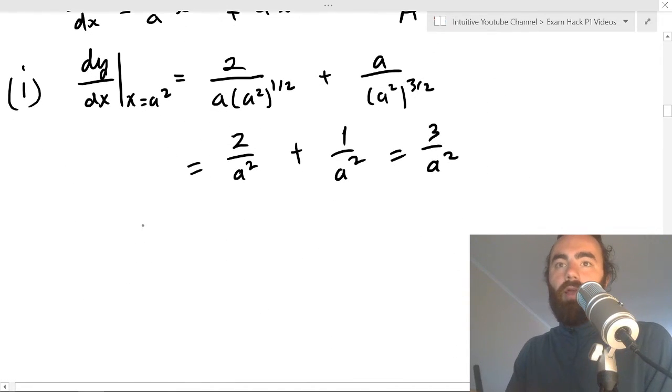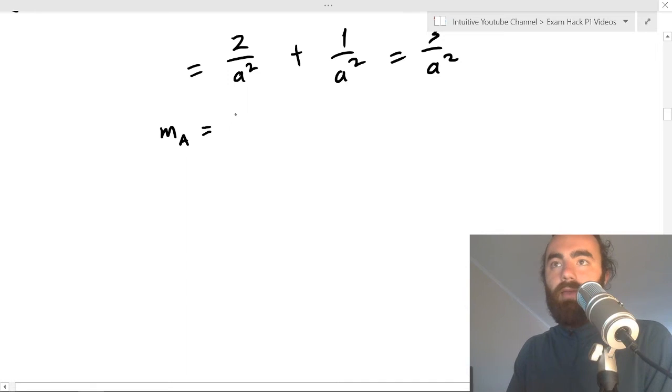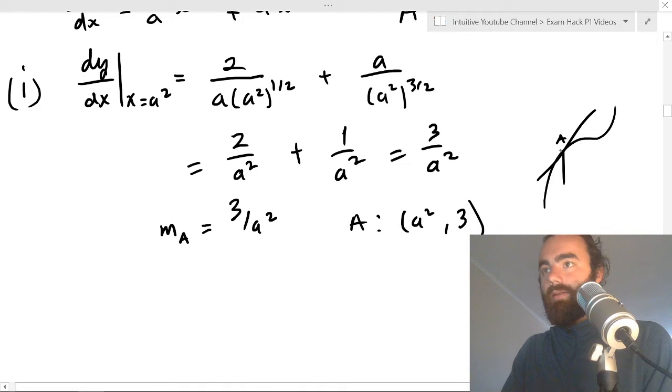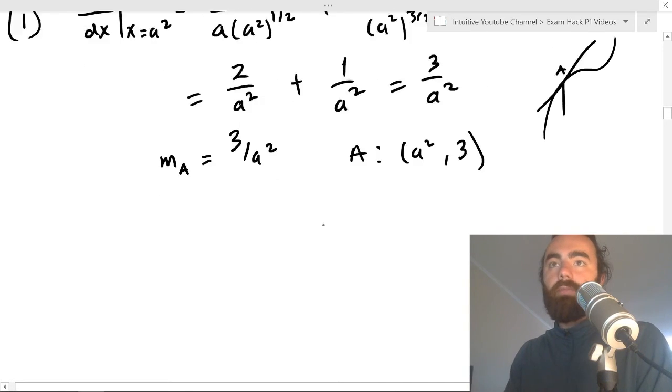So the gradient of the tangent line at A is 3 over a squared, and a point on that tangent line will be (a squared, 3). Because if you think about it, you've got some curve, and this is A, and this is your tangent line. The gradient of the curve is the same as the gradient of the tangent line.